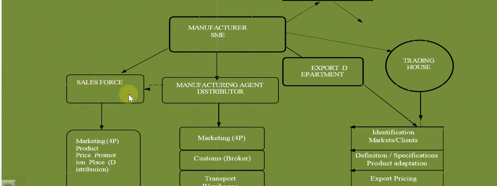The sales force, in other words, we can express as the marketing. Marketing stands for the four Ps, the starting letters: product, price, promotion, place. We generally call this the 4P.